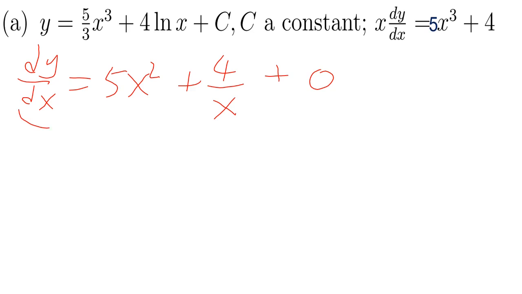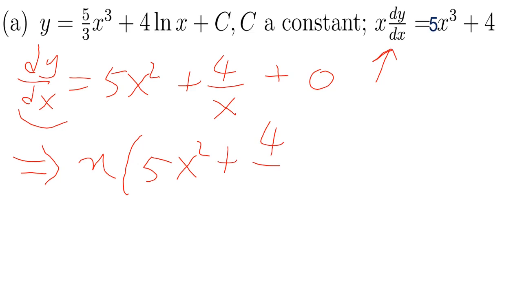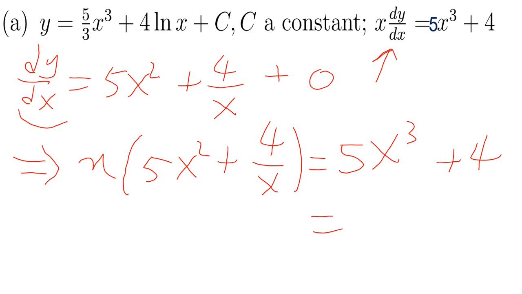Now we have obtained dy dx. We are going to replace this dy dx on the left hand side of this equation. So it will therefore imply that x into dy dx, which is 5x squared plus 4 on x, will be equal to 5x cubed plus 4, which is equal to the right hand side of our differential equation.